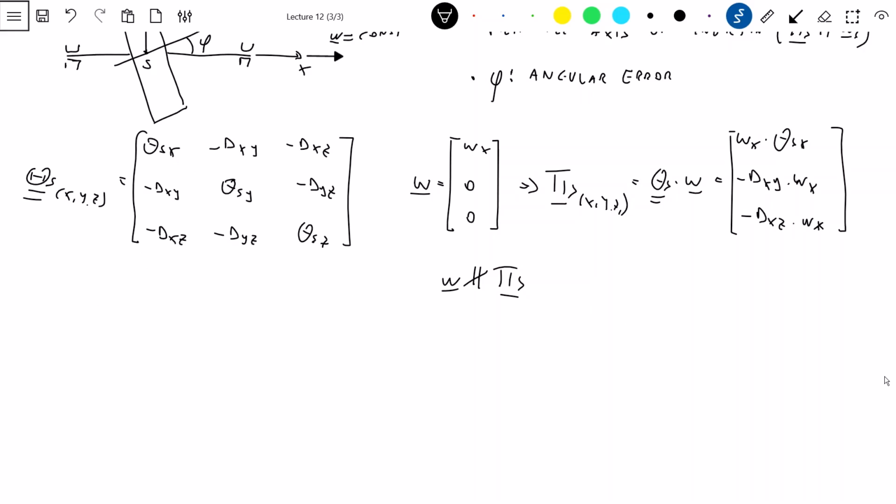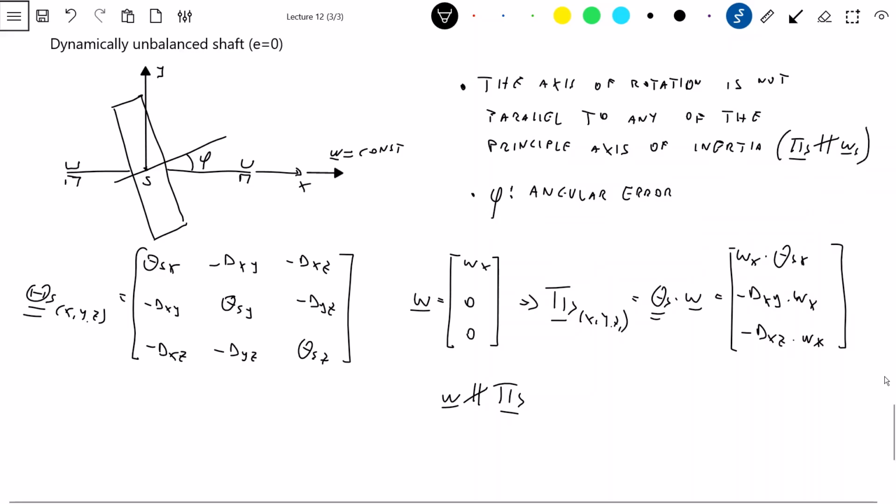First thing, writing this matrix is a mess. If you want to write this matrix in the x, y, z reference frame, you go crazy, because you have to compute all the integrals. It's quite demanding. So let's work in another reference frame, the psi, eta, zeta reference frame.